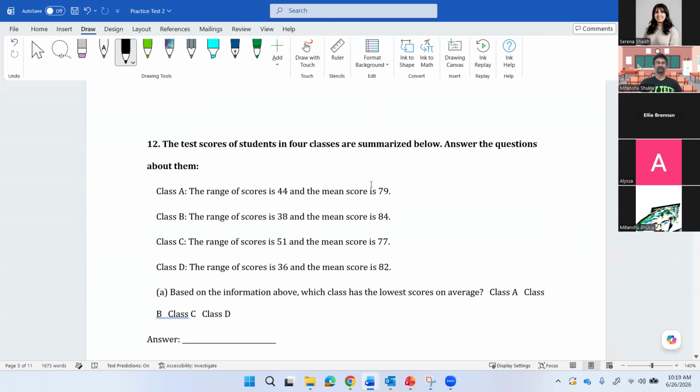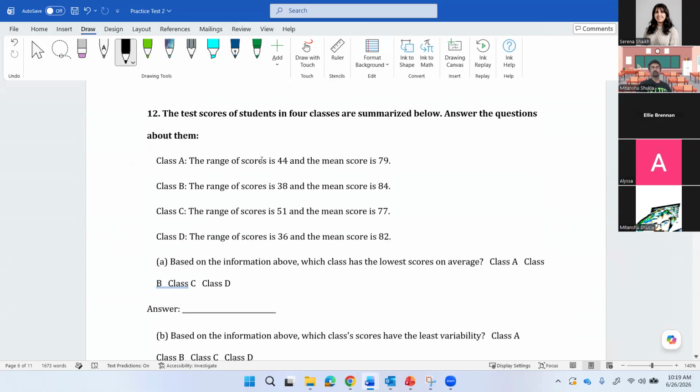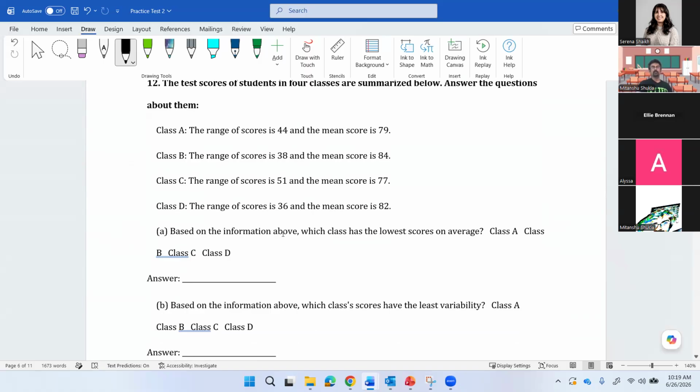Number 12. The test scores of students in 4 classes are summarized below. Answer the questions about them. Here's the range and the mean. A, based on the information above, which class has the lowest scores on average? What do we think? Lowest scores on average?